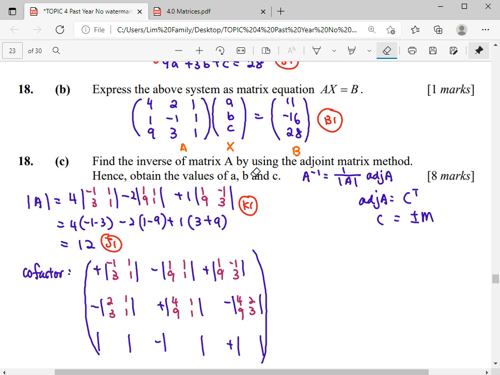Okay, so we continue for row 3. When I eliminate row 3, 3, 1, I get 2, 1, negative 1, negative 1, 1. So copy, paste, in, out.